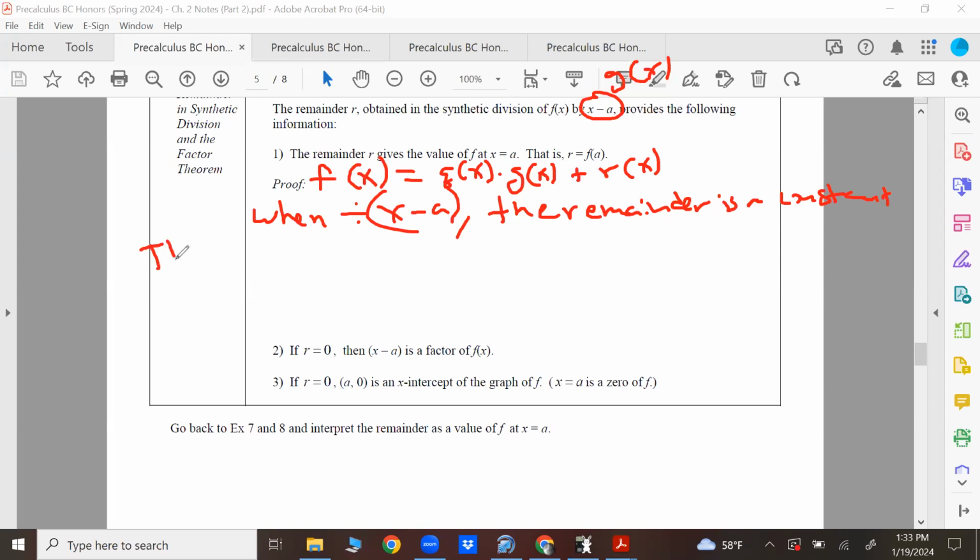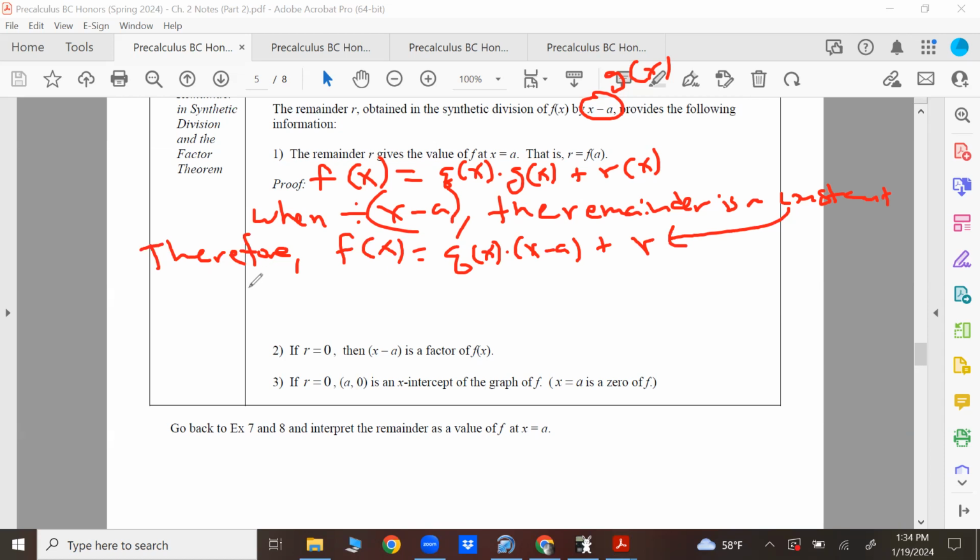So therefore, f of x will equal q of x, your quotient, q of x stands for quotient, by the way, times x minus a plus r, where again, that's a constant.